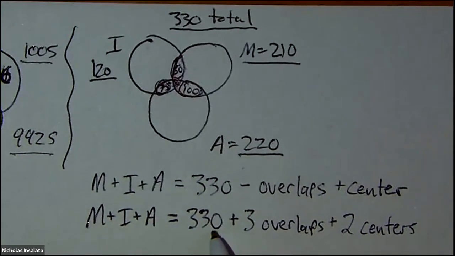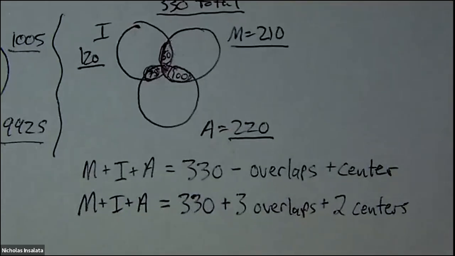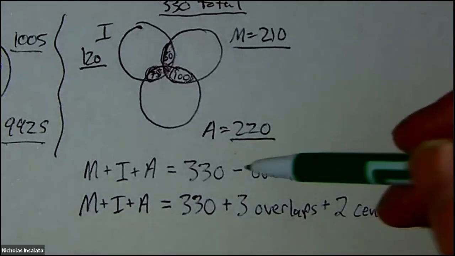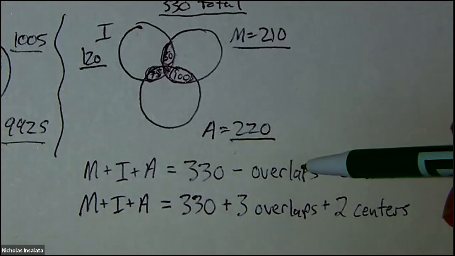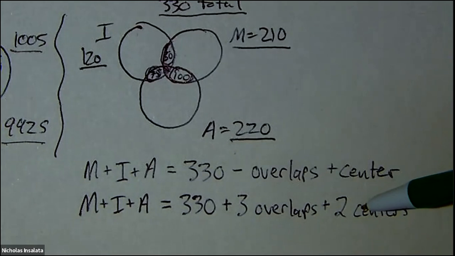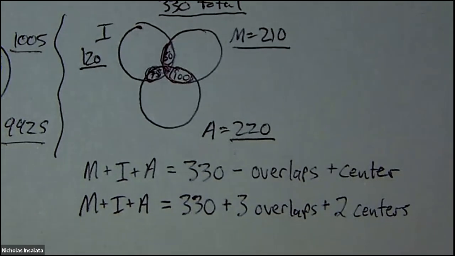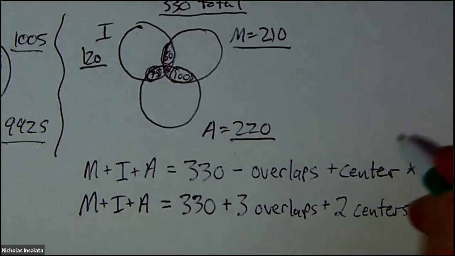So we'll say, okay, well then in that case, if we want to find out the center, then we would want to subtract off those overlaps. Maybe we should subtract off a center as well. So I'm worried, if we subtract off the overlaps and add in a center, should we be adding the center times 2?